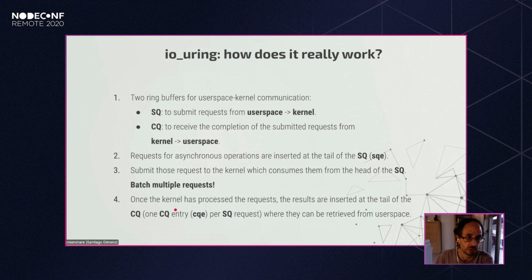Then these requests can be submitted to the kernel from where they're consumed from the head of the submission queue. These requests can be batched, as we'll see later, which will allow us to save some syscalls. Finally, once the kernel has processed them, the results are inserted at the tail of the completion queue, where they can be retrieved from user space. One CQ event, CQE, for each SQE.